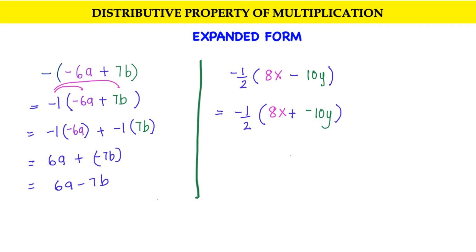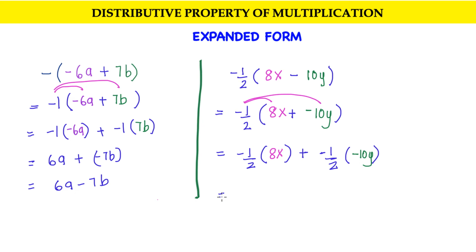And now let's distribute this -12 to each of the terms inside. So -12 times 8x plus -12 times -10y.